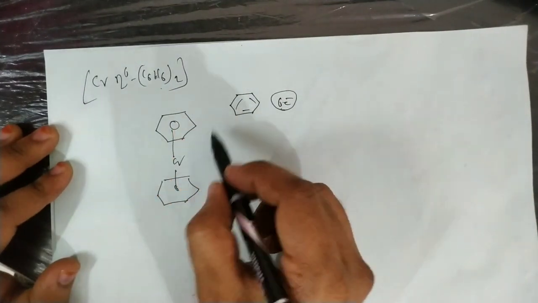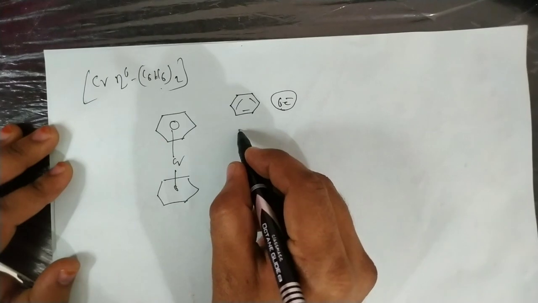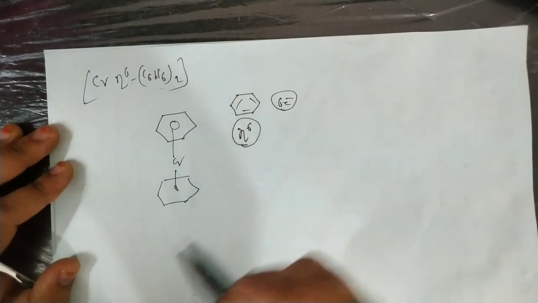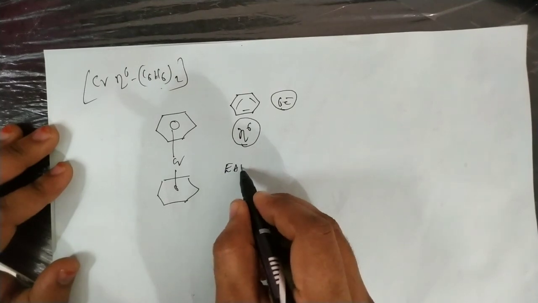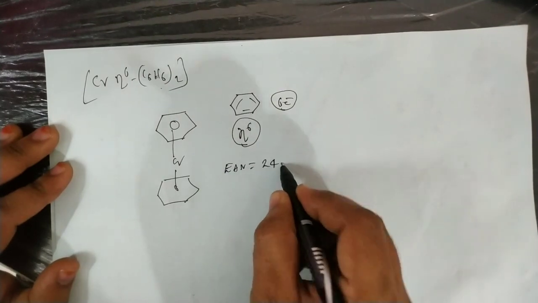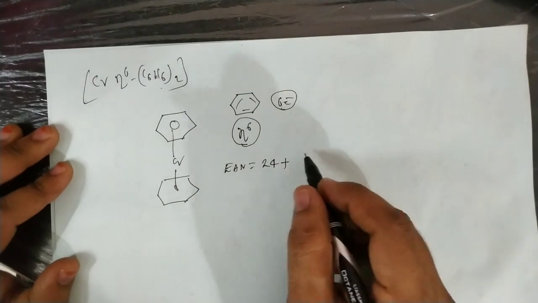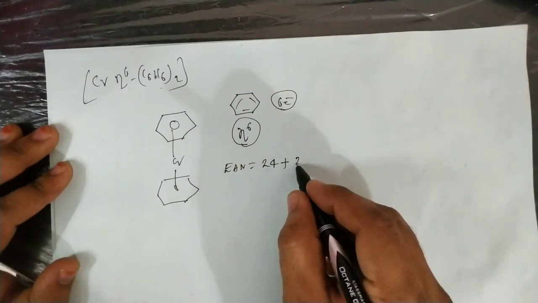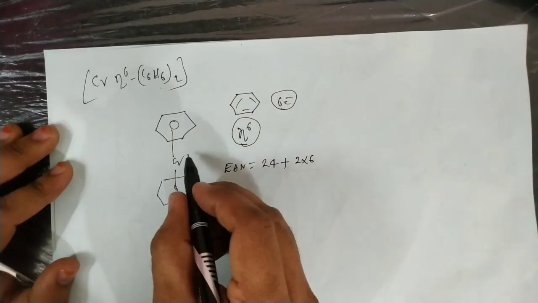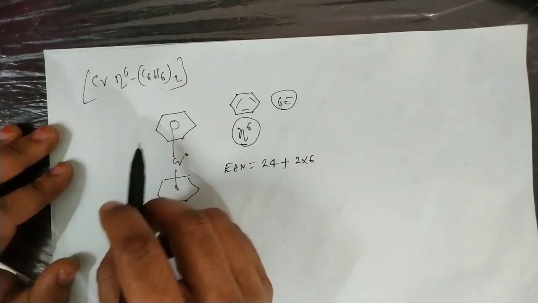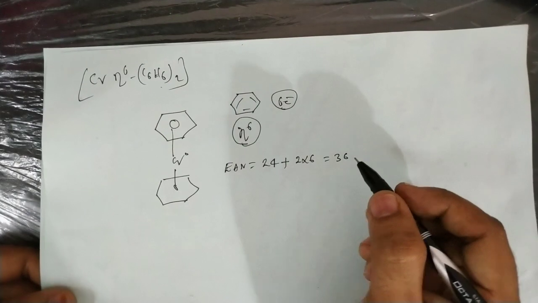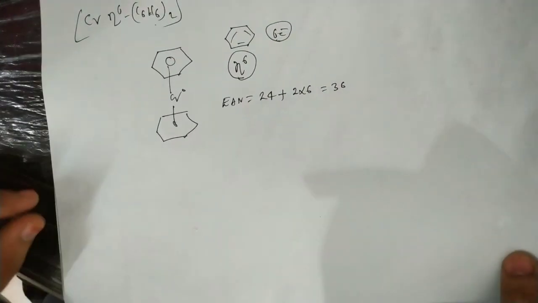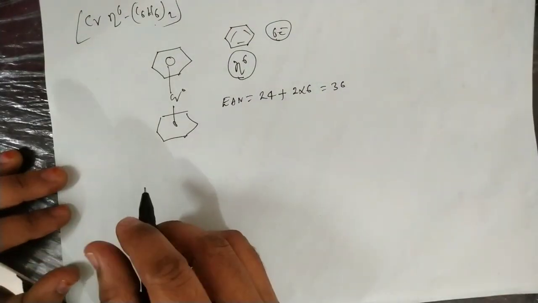In this bonding totally 6 carbons are involved, so hapticity 6. So what is the effective atomic number for this one? Chromium 24, and 2 rings, each ring a 6 electron donor, so 2 into 6, and chromium oxidation number 0 because benzene is a neutral ligand, so that equals 36. So dibenzene chromium effective atomic number is 36, so that is stable, we can say.